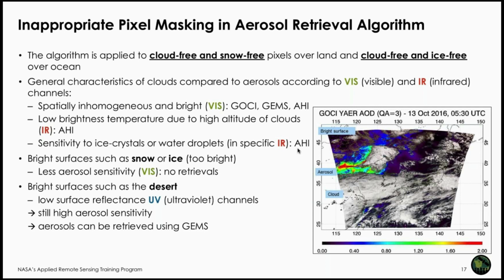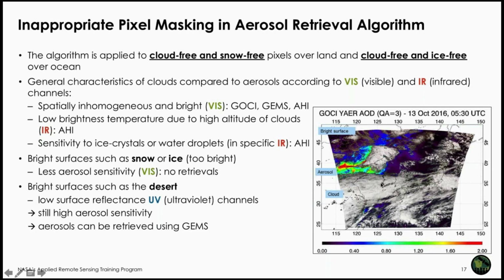Snow or ice surfaces are too bright in visible wavelengths, so there is less aerosol sensitivity. Thus, most sensors cannot retrieve aerosol information over there. Meanwhile, the UV wavelengths still have some sensitivity to aerosols over desert, so GEMS can get aerosol over desert compared to GOCI or Himawari.